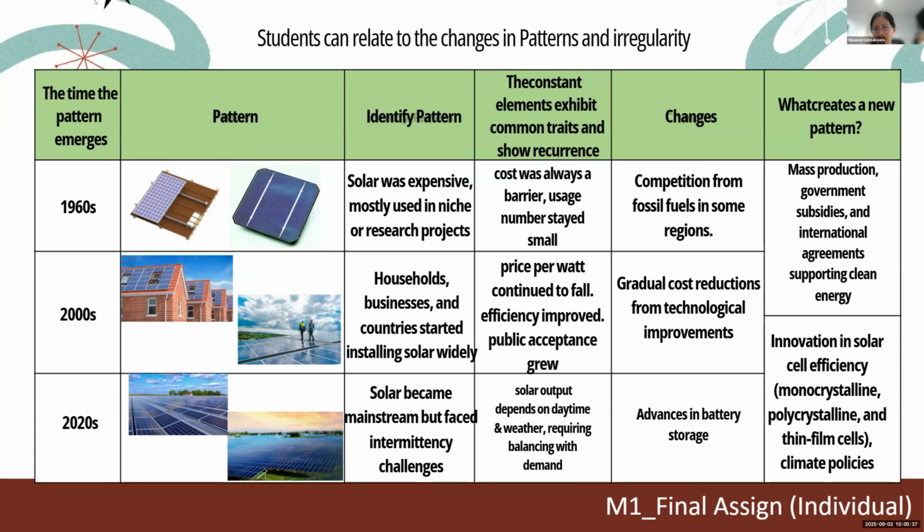In general, when you identify a pattern, I would prefer the name to be more concise. Here you mentioned solar was expensive. It's more like a sentence explaining solar cells at that time. So in my opinion, it would be better to say, for example, the beginning of photovoltaic solar cells, something like that instead. Okay.